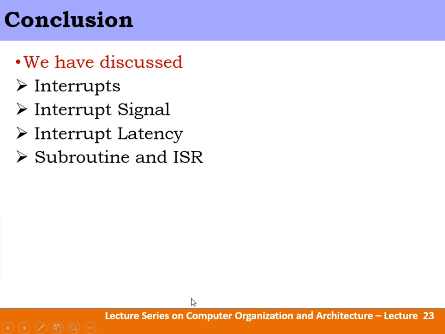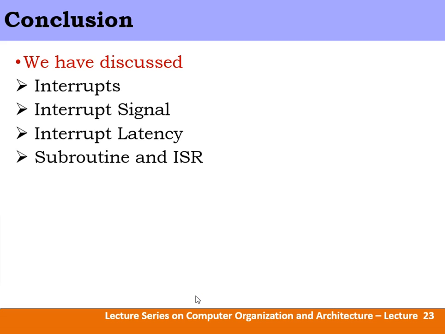In conclusion, we have discussed what an interrupt is, the interrupt signal, interrupt latency, as well as subroutine and ISR. An interrupt is a signal generated by an IO device when the IO device is ready. It is a signal for the processor. The processor is going to stop the currently running program and give service to the IO device which has requested.